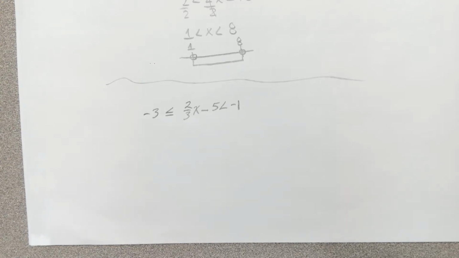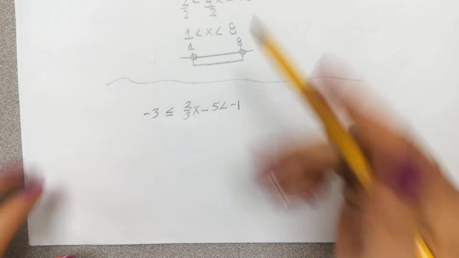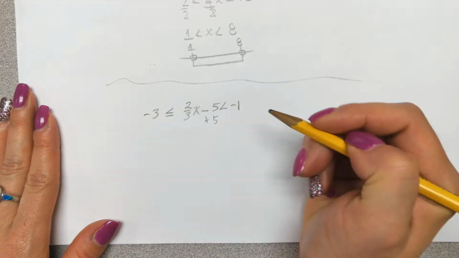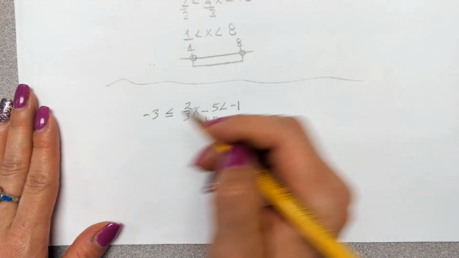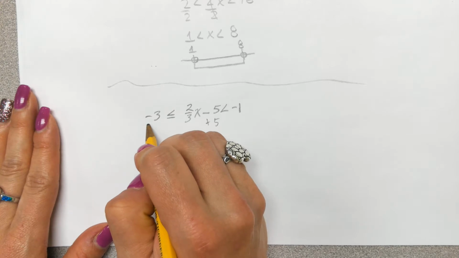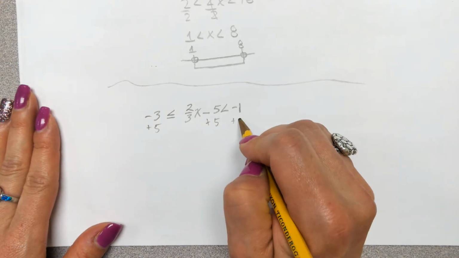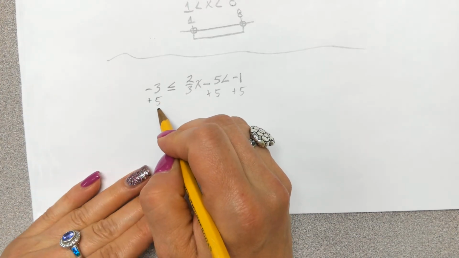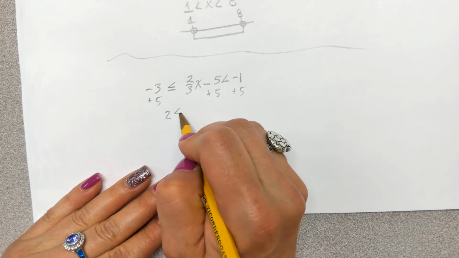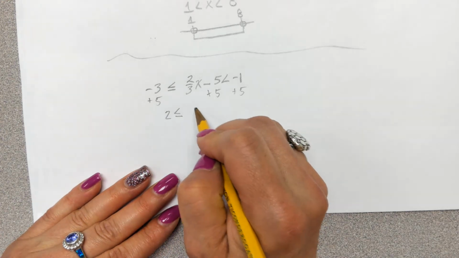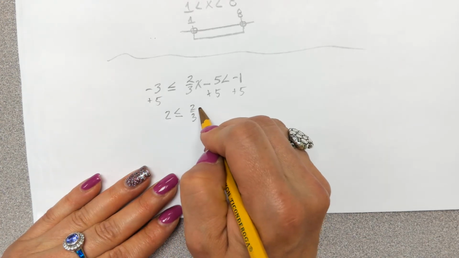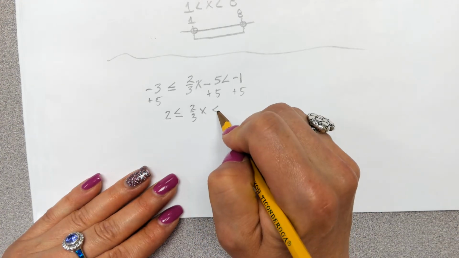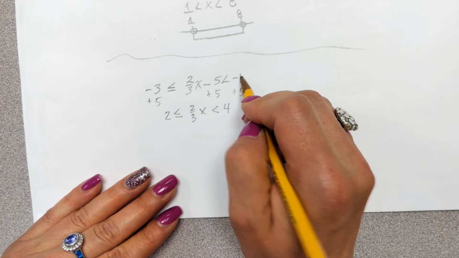So plus 5 first? Okay. We'll let Jackie say. Jackie's the boss. So plus 5. We're going to do plus 5 here and plus 5 there. So negative 3 plus 5 is 2, is greater than or equal to 2/3 x, is smaller than 4, because negative 1 plus 5.